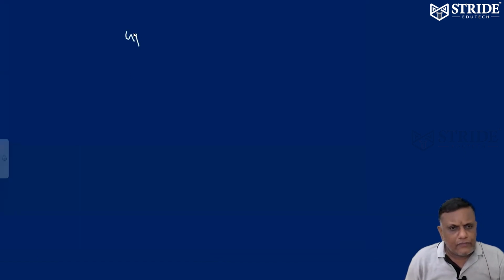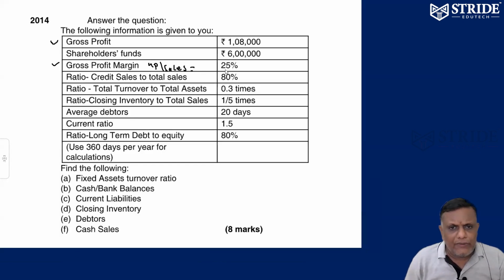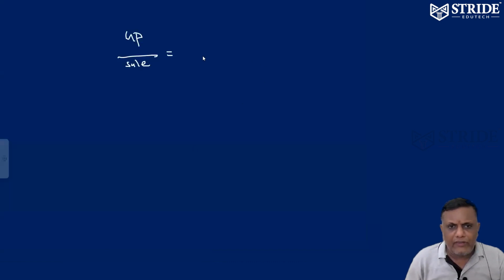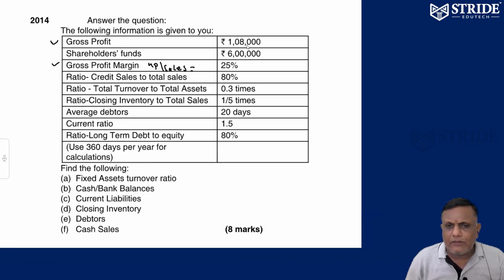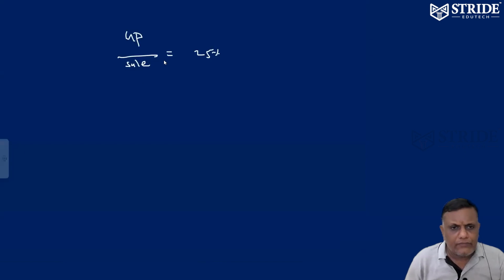First one, GP. What is GP ratio? GP by sales, correct? Gross profit by sales. What is GP ratio? It's going to be 25%. What is GP? 1,08,000. So 1,08,000 GP by sales, that is equivalent to 25%.